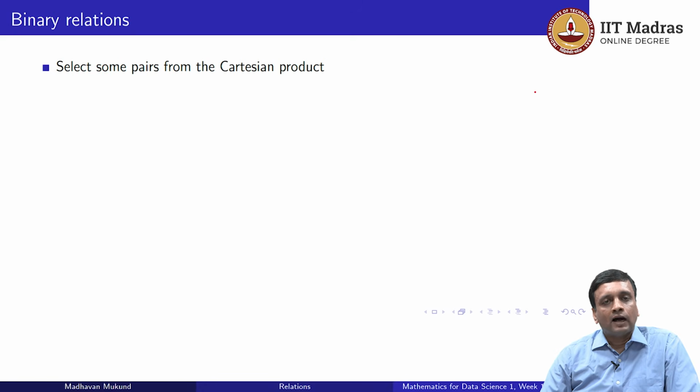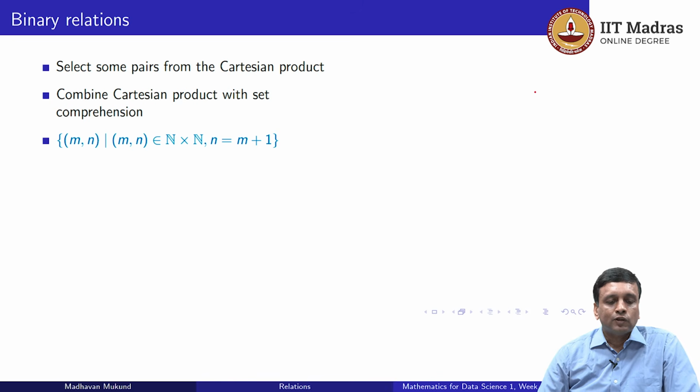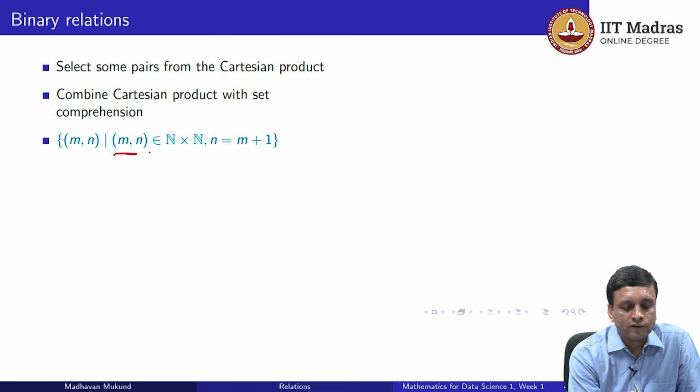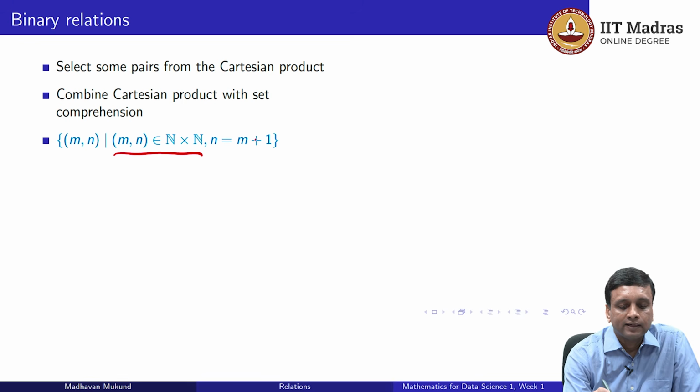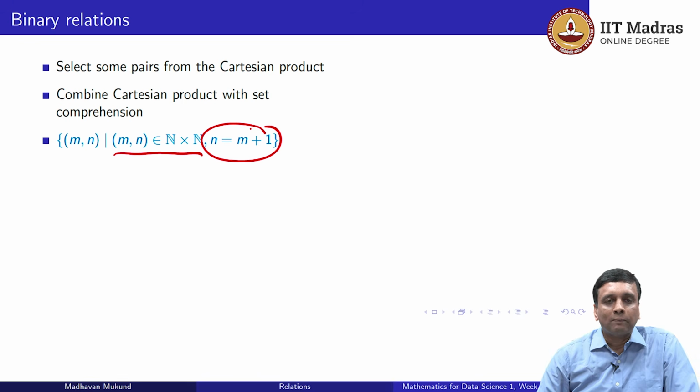So now we have this Cartesian product which consists of all possible pairs of the two sets, and as we did with set comprehension, we might want to pick out some of these pairs, and this is what we call a relation. So we combine this Cartesian product operation with set comprehension. So for instance, we can take all pairs of natural numbers (m, n), but we want to insist that the second number is 1 plus the first number.